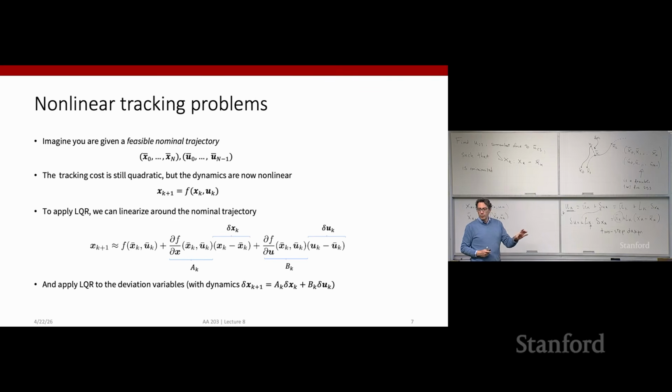Can we still reformulate the tracking problem in the deviation variables? Yes, if we apply the following trick.